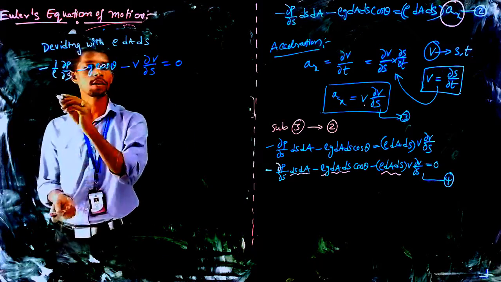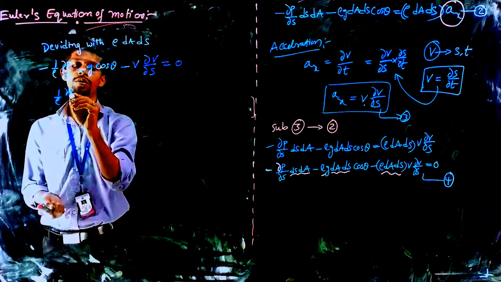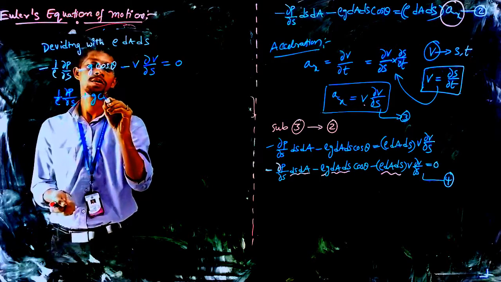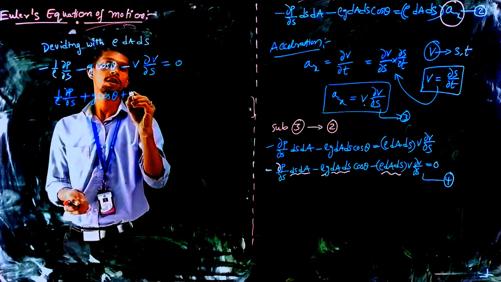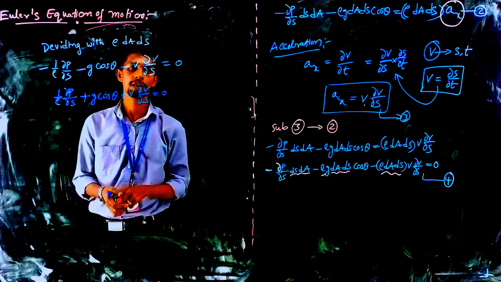Taking minus as common and moving to that side, we will get 1 by rho dou p by dou s plus g cos theta plus v into dou v by dou s is equal to 0.